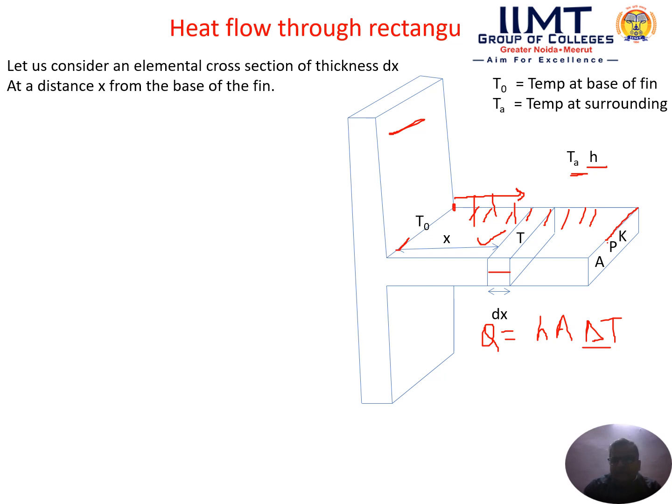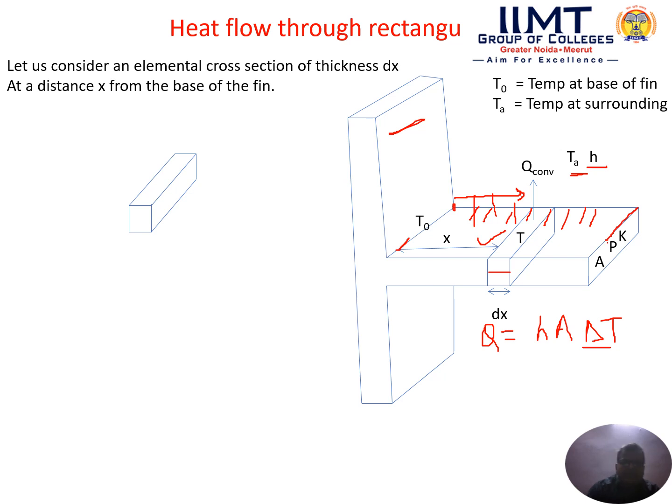Let us take that element outside and do the analysis of that element. This is the element, and on the left side of the element there will be another layer, and on the right side there will also be another layer of that fin.